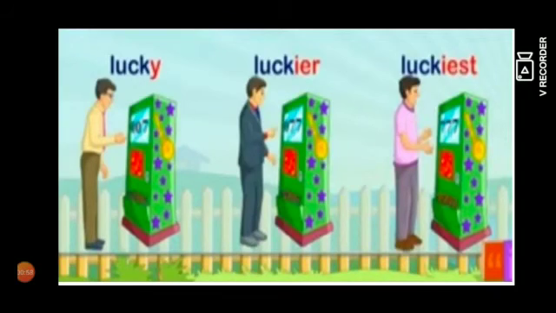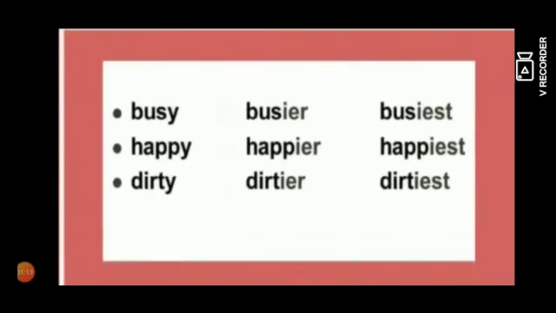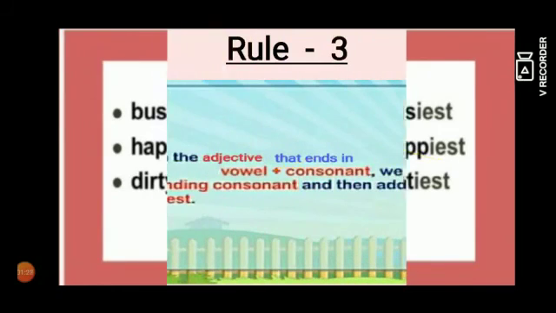So, in this case, we will drop the y from the word and add ier and iest in place of y. So, the word becomes lucky, luckier, luckiest. Some more examples are busy, busier, busiest, happy, happier, happiest, dirty, dirtier, dirtiest.